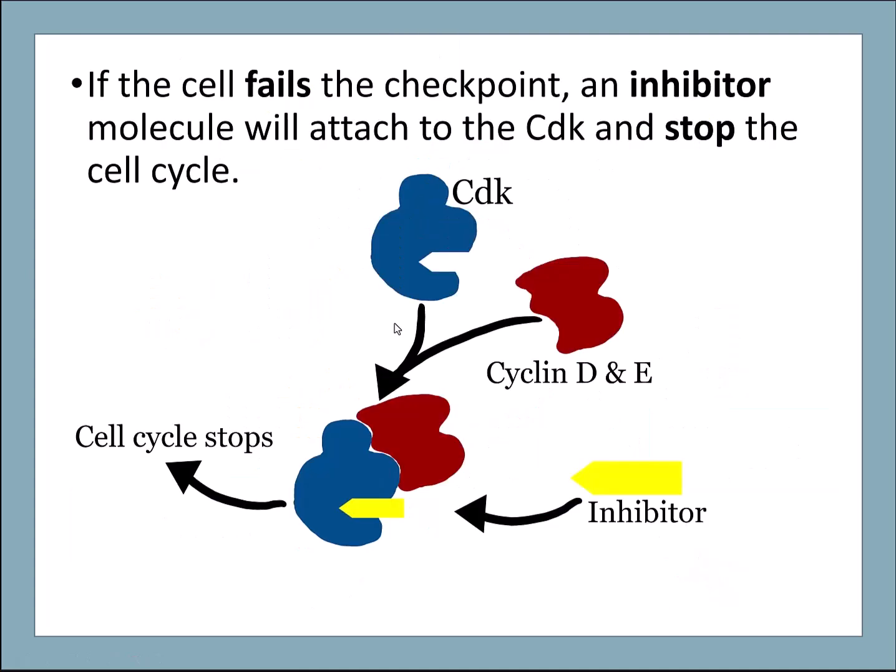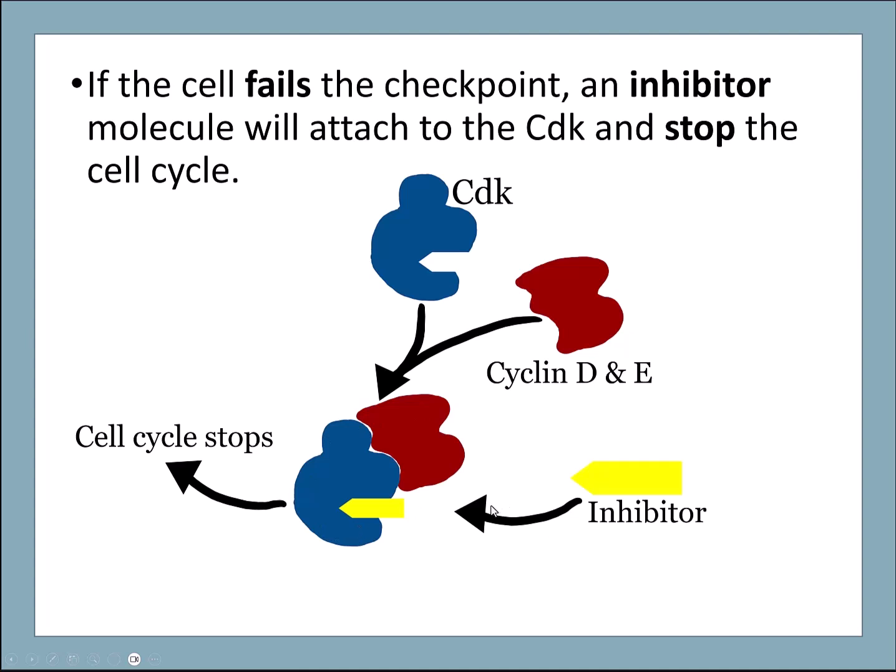So if the cell fails a checkpoint, an inhibitor molecule will attach to the CDK cyclin complex, and it will stop the cell cycle. This complex is needed to keep the cell cycle moving.